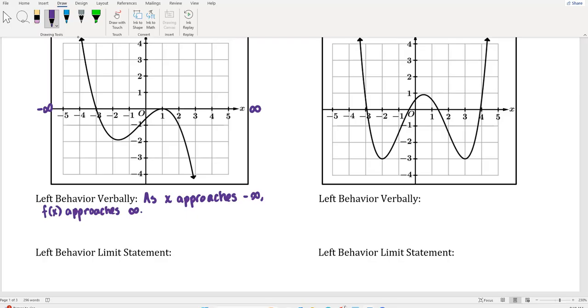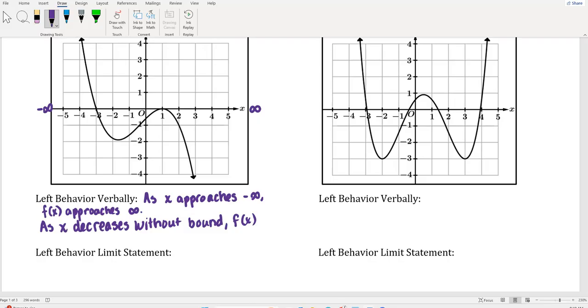So instead of saying as x approaches negative infinity, AP likes to say as x decreases without bound, f of x, or maybe even the y values of f of x.